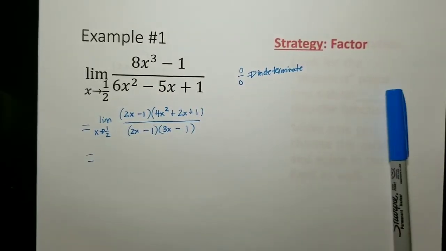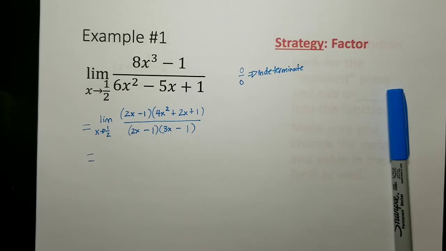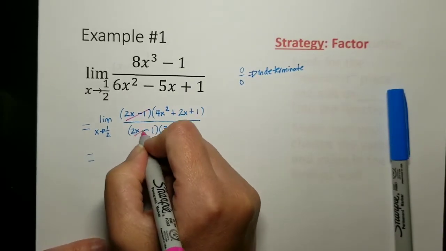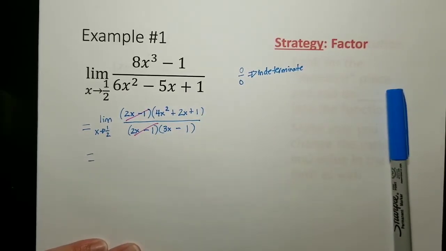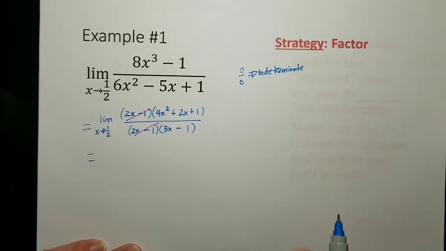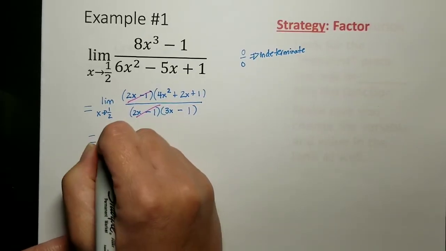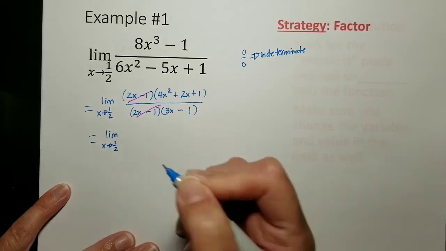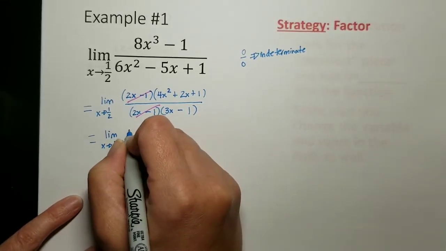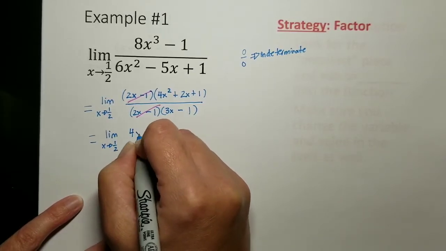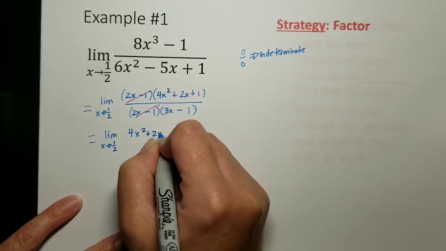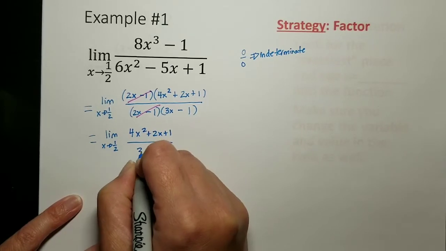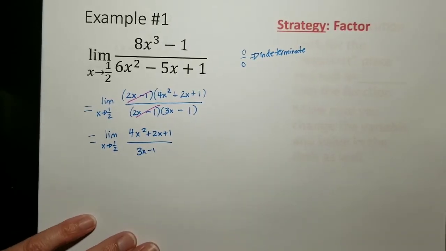So then I have something that can get reduced. I would have had x is not equal to 1/2 as a restriction on the function, but we don't have that restriction on the limit, because the actual definition of a limit is that you're not actually touching that value of x, you're just getting closer and closer to it. So we get 4x squared plus 2x plus 1 in the numerator over 3x minus 1 in the denominator.